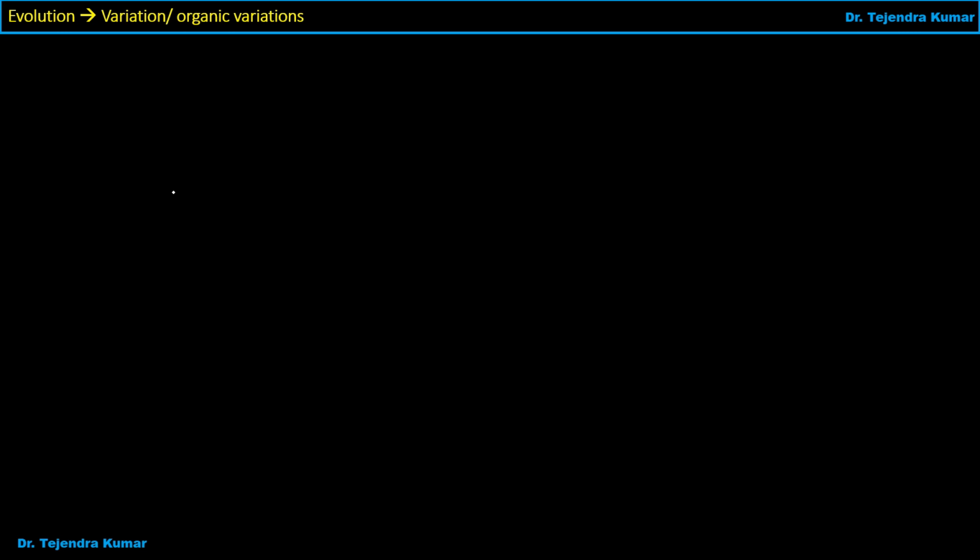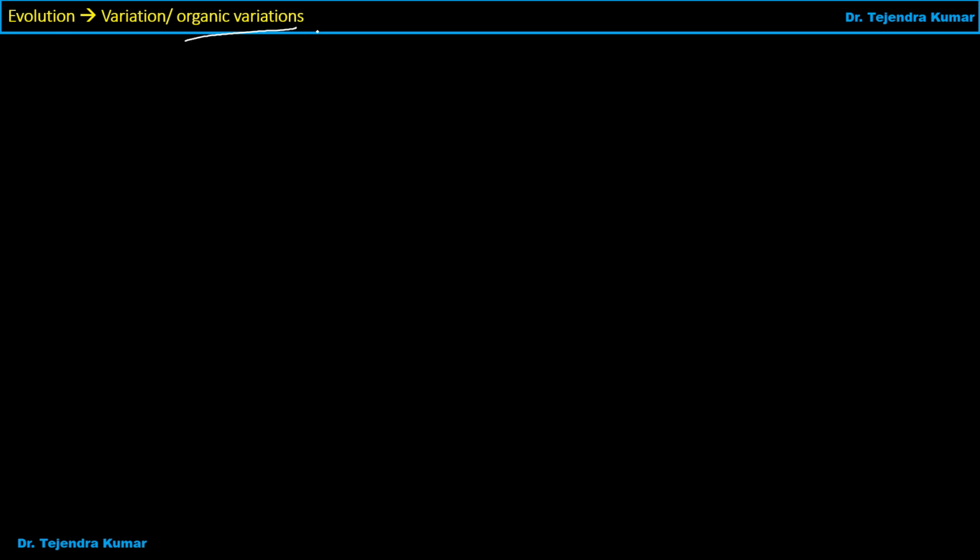Today's topic is about organic variations. Variations are found in the evolutionary force: whenever any organism develops or shows an evolution to change into different species and different organisms, they show some kind of differences.